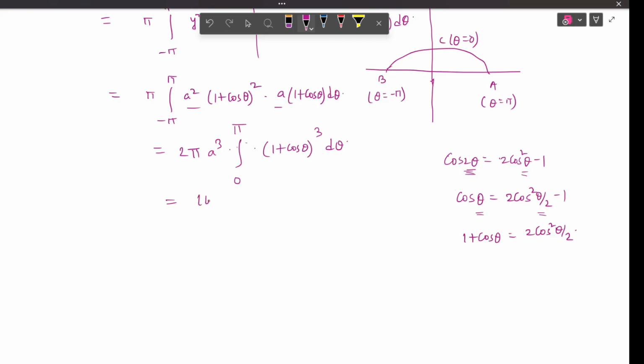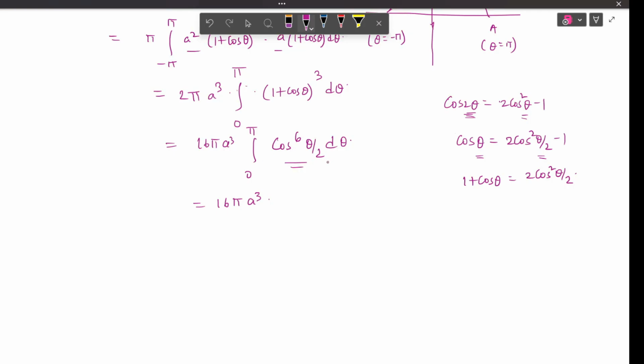So it would be 16 pi a cube integration 0 to pi. This is cos square theta by 2. So we have cos square into 3, that is 6, theta by 2 d theta. So this would be 16 pi a cube.